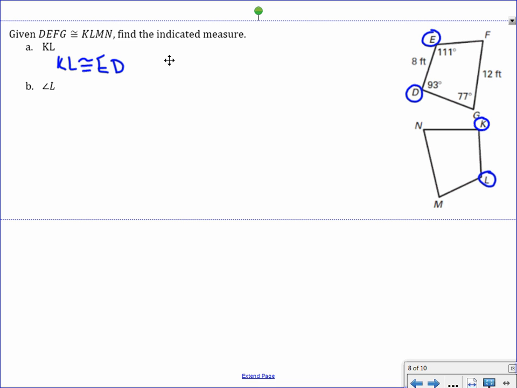Since ED is 8 feet, KL will be 8 feet. You can remember that because of the little equal sign underneath the squiggly. Angle L, right here, is this angle here. So the measure of angle L is equal to 111 degrees.